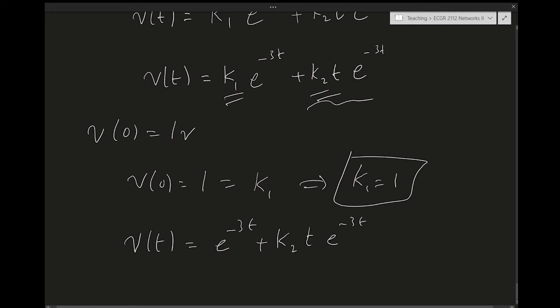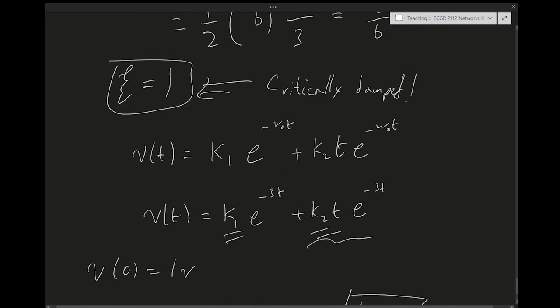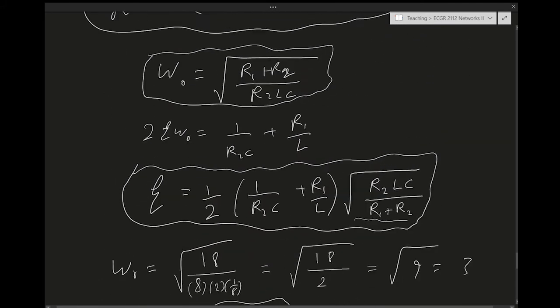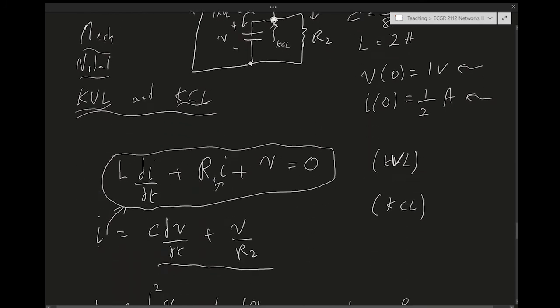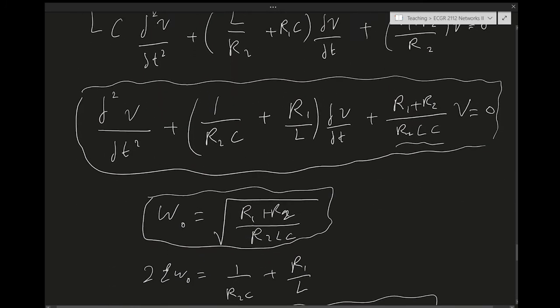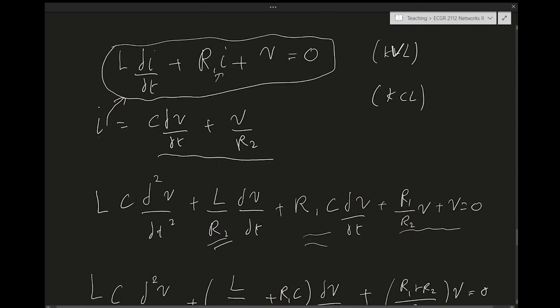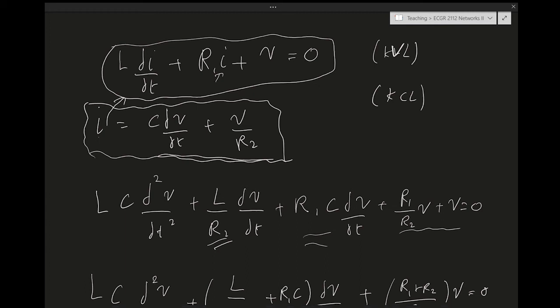Now the other initial condition is given in terms of the current, and we calculated an equation for the current. So we use it to calculate the current from our calculation of V, and then we apply the initial condition to that equation.